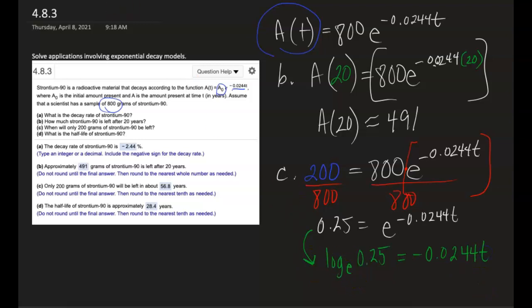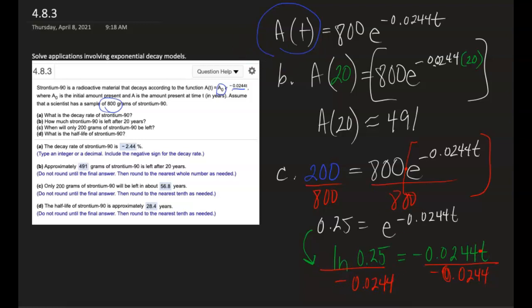Log base e can be further changed into natural log, because that's a very special logarithm, log base e. All right, so now it's a lot easier to get t by itself. I see that these two values are being multiplied, so to isolate t, I would just divide by negative 0.0244 on both sides.